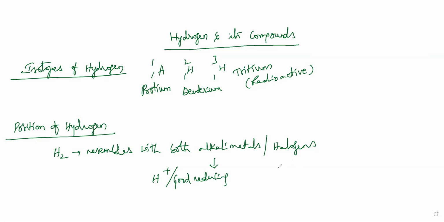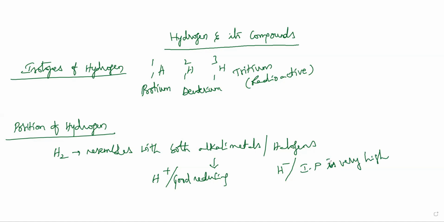Whereas with halogens, it can form uni-negative ions like halogens, that is Cl minus, Br minus, and H minus is formed by gaining one electron. Like halogens, it is able to gain one electron to get inert gas configuration. And like halogens, its ionization potential is very high.